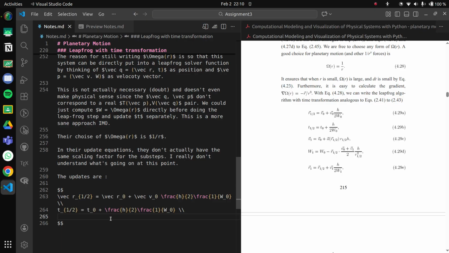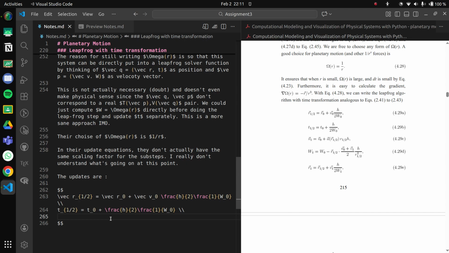Is 1 times step upon omega, sorry, on w, and w is just omega of r, which is just ds by dt. So what is this? H is just a small step in ds. By having this thing, what are we trying to accomplish? dt by ds isn't what we're trying to do. Okay.